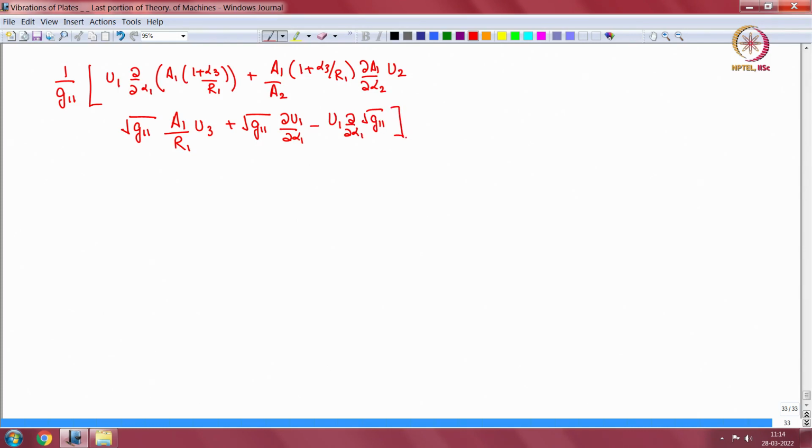Okay, so to remind ourselves, this term here is root g11.